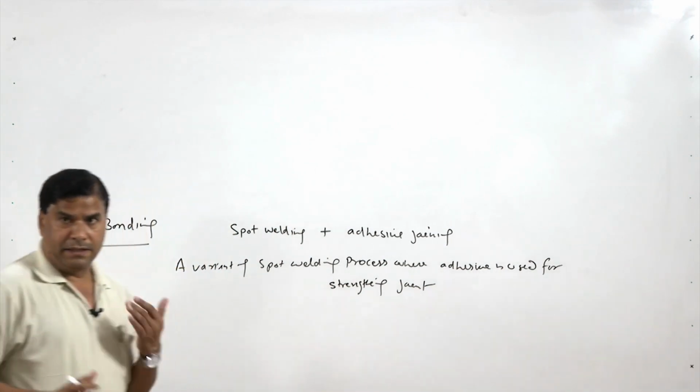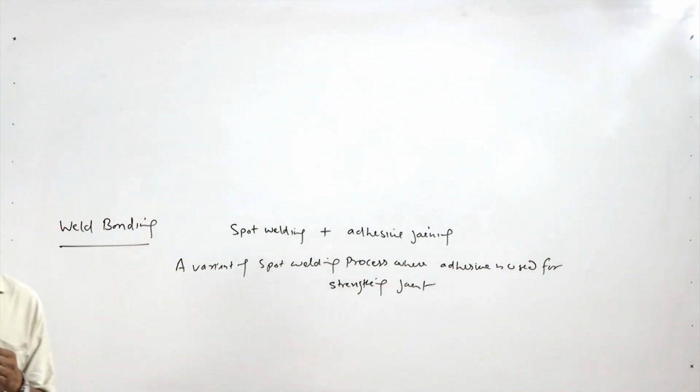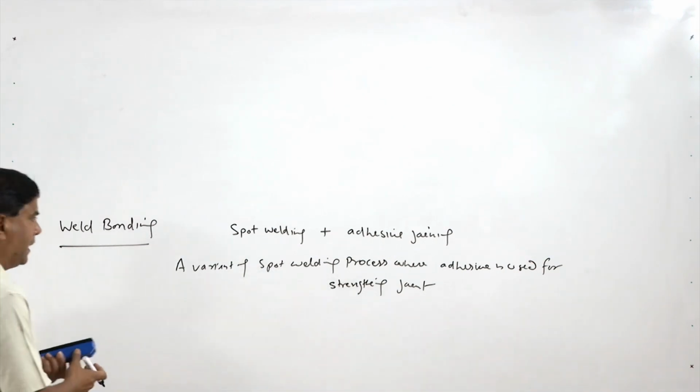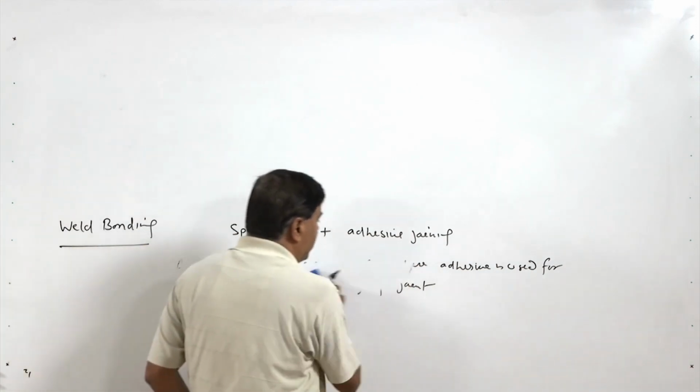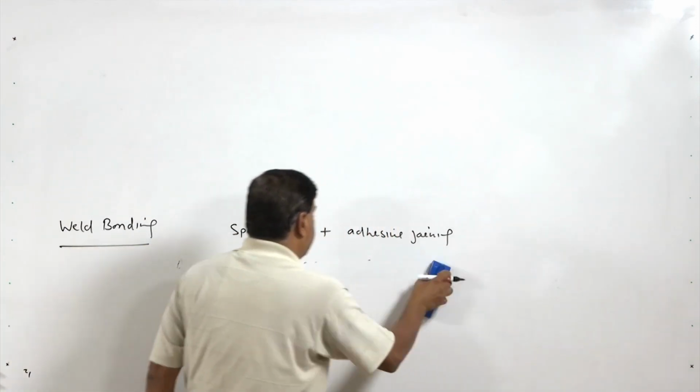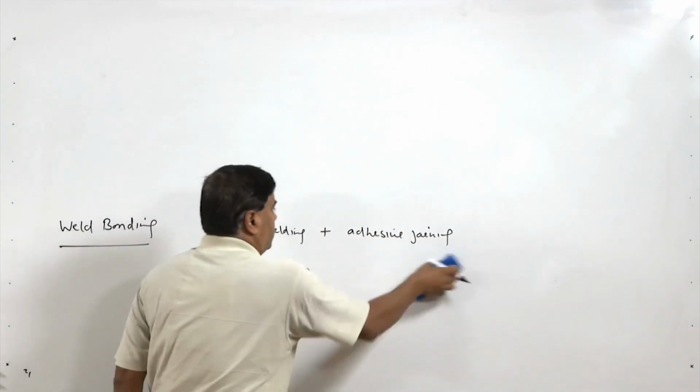So, basically the joint produced by the spot weld is further strengthened with the use of adhesives. We will see the details of this process combining the two processes.